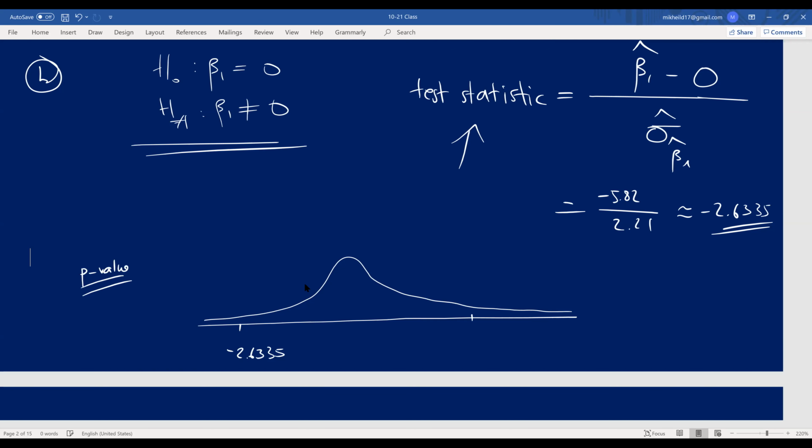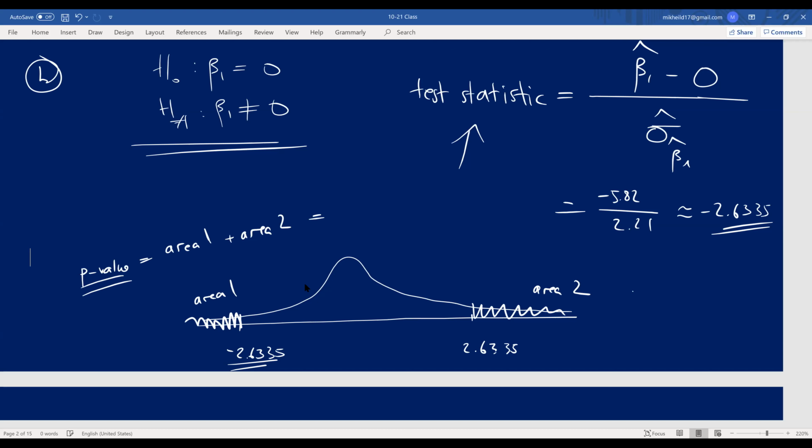You need to take the area below this test statistic, minus 2.6335, and above minus 1 times that test statistic. So this is area 1 and this is area 2. So the p-value is the sum of these two areas.